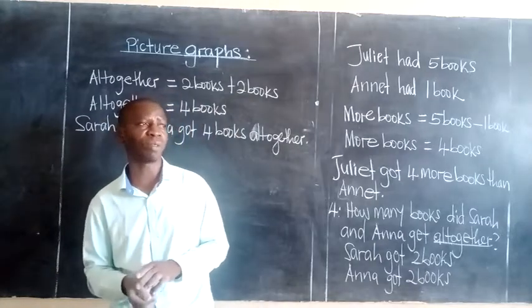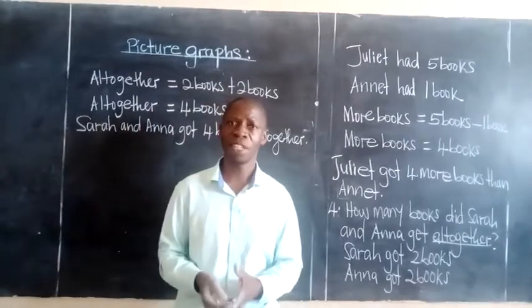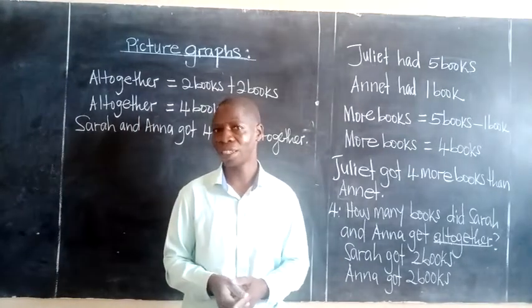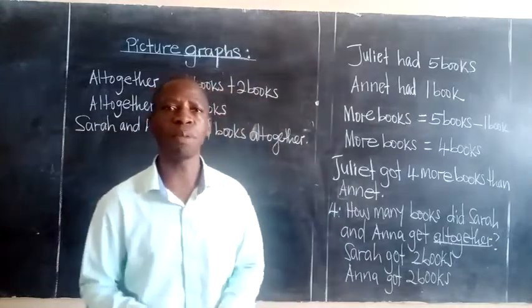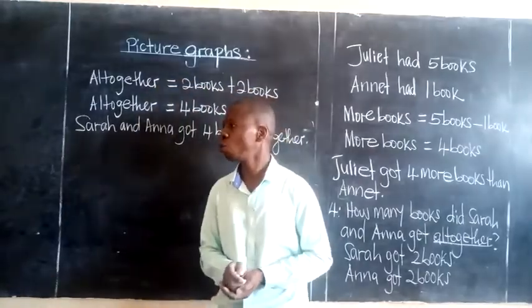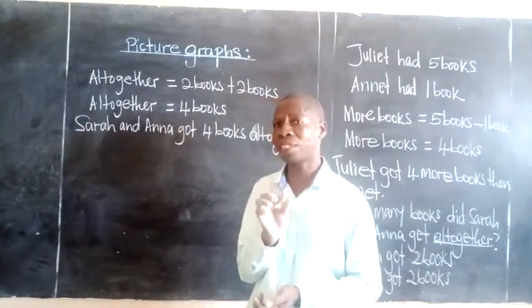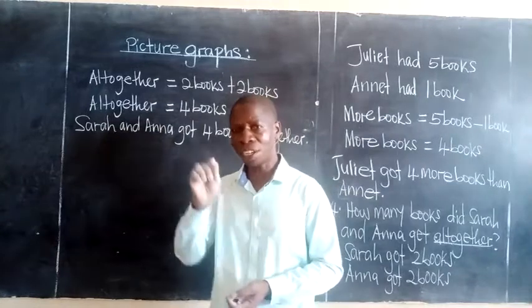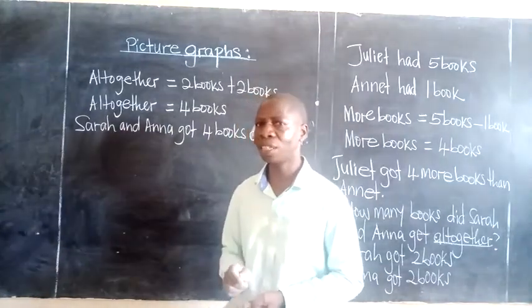Now, you should be able to define a picture graph. We said it is a graph that represents the information in the form of pictures. Two, you must be able to interpret the title of the graph.